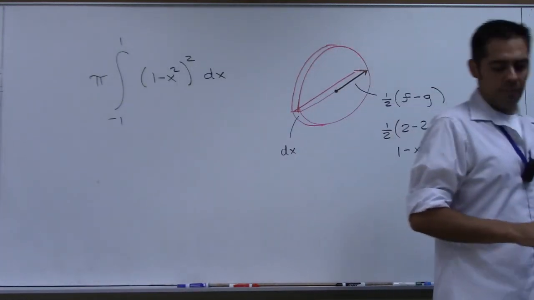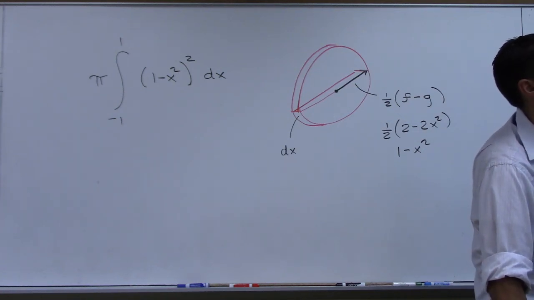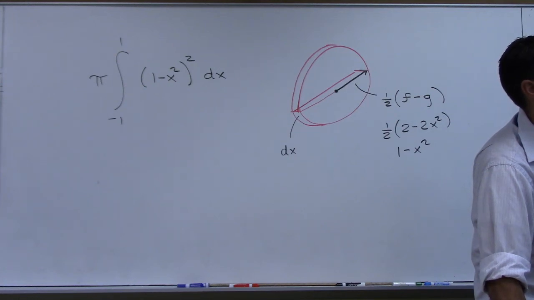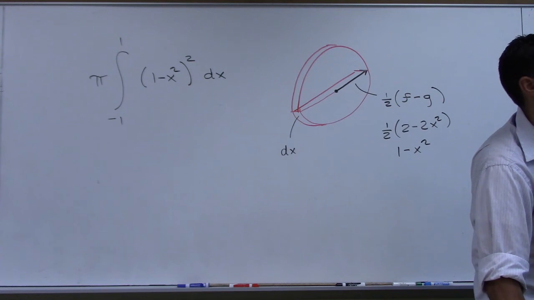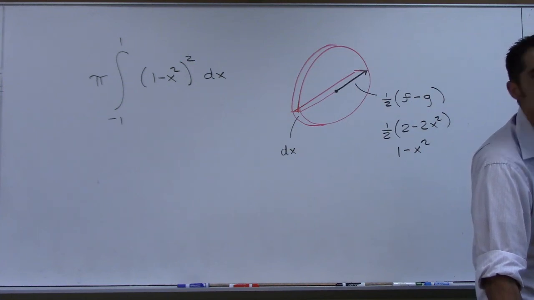Last one. Oh, I never showed it to you. Circles. So there's a circle moving through, and there's the solid. Right? We can find the volume of that.